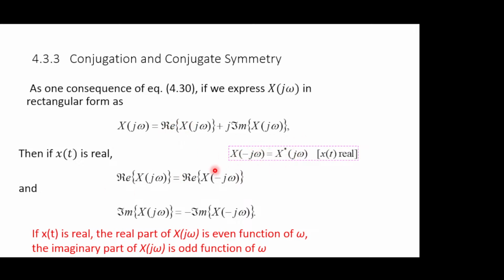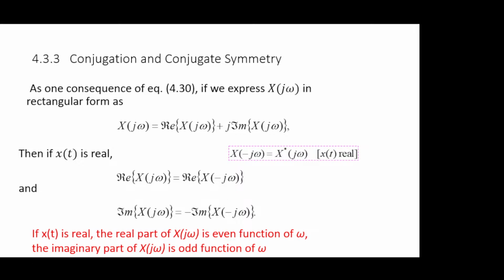So the real part of X of j omega is equal to the real part of X of minus j omega. We are actually missing a little thing, but it's obvious.